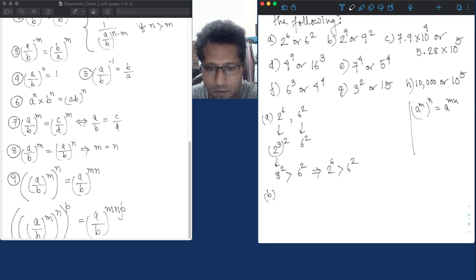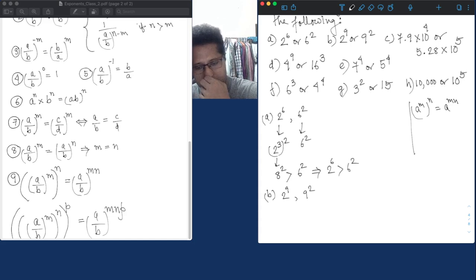B is 2 to the power 9, compared with 9 square. Now in this case you can see that I cannot convert 2 to the power 9 into an exponential form where the power will be 2, because the power 9 does not have a factor 2.